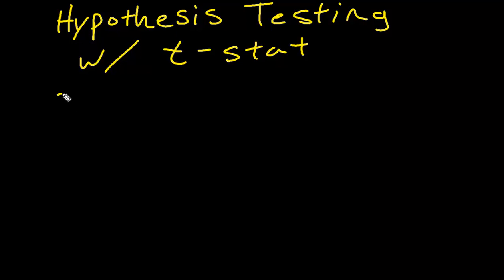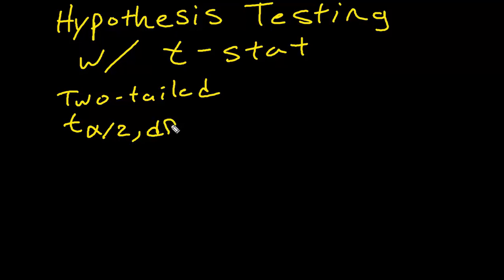So with our critical value, if we are doing a two-tailed test, this is going to be t alpha divided by 2, with our degrees of freedom, and those degrees of freedom equal n minus 1, just like when we were using the t-distribution in the previous chapter.